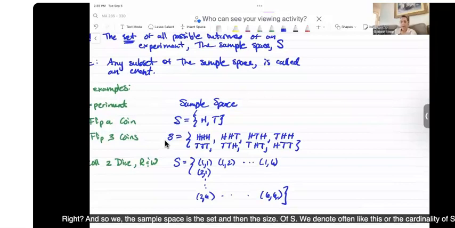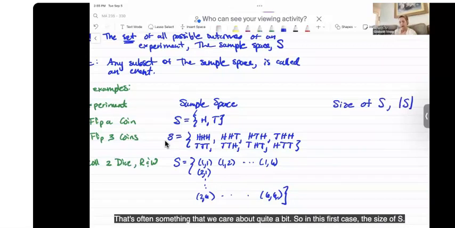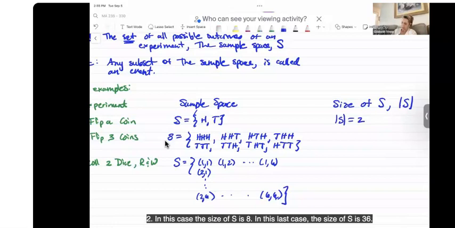The sample space is the set, and the size of S we denote often like this, or the cardinality of S. That's often something that we care about quite a bit. So in this first case, the size of S is 2. In this case, the size of S is 8. In this last case, the size of S is 36.